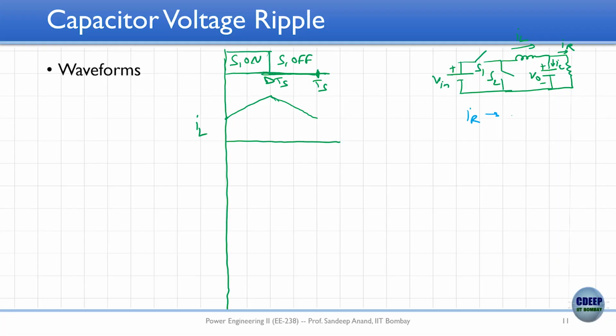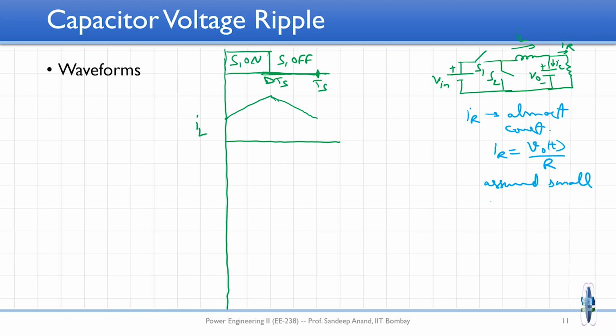IR would be constant because of our previous assumption that output voltage ripple is small. IR will be almost constant because IR is nothing but equal to VO upon R, and since we have assumed small output voltage ripple. ठीक है?